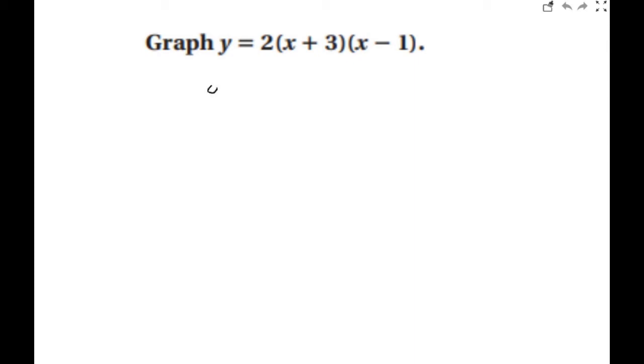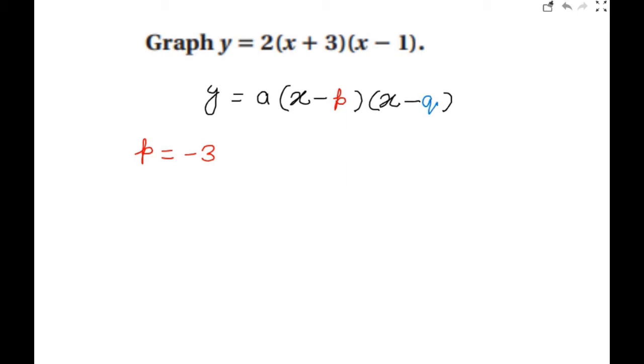First of all, we'll compare this equation with the intercept form of a quadratic function, which is y equals a times (x minus p) times (x minus q). As we compare negative p with positive 3, the value of p is negative 3.